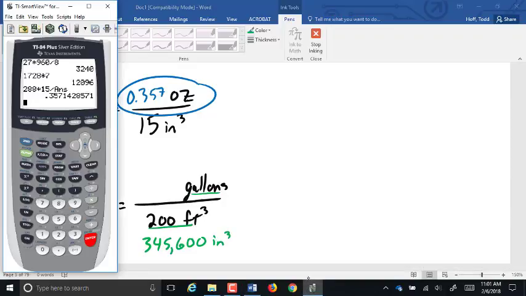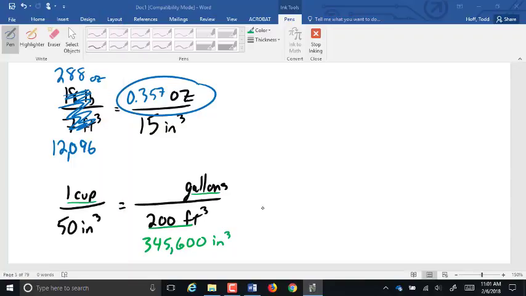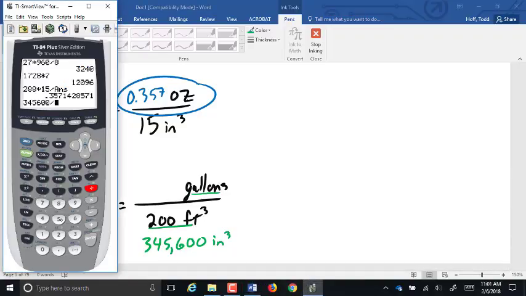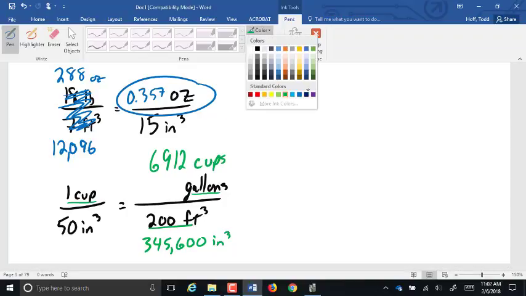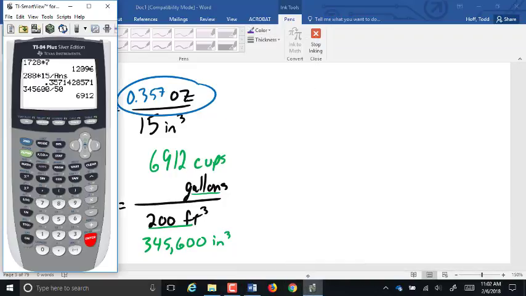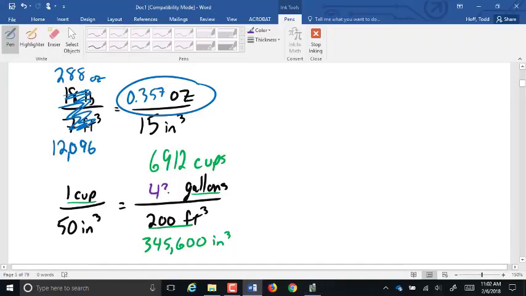So we're going to do 1 cup times that divided by the 50 cubic inches, which gives us 6,912. Now this is still in cups, so we have to divide by 16. 432 gallons is what we came up with? Perfect.